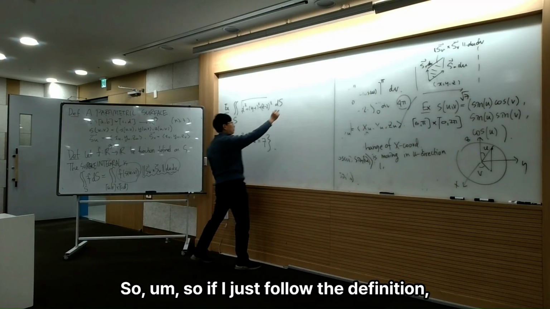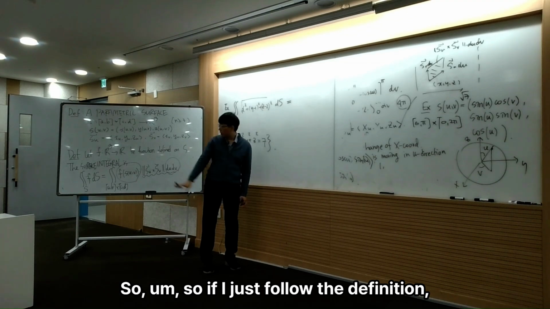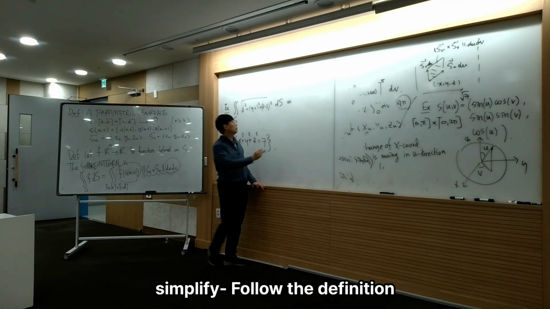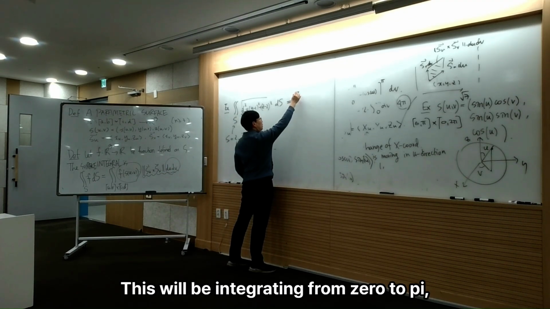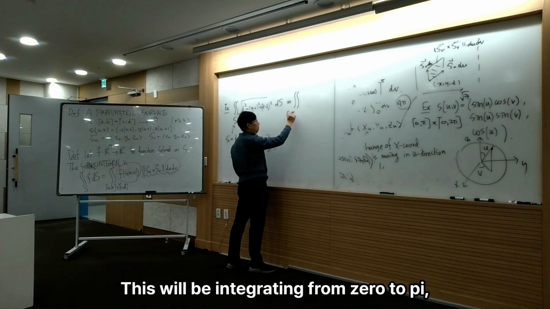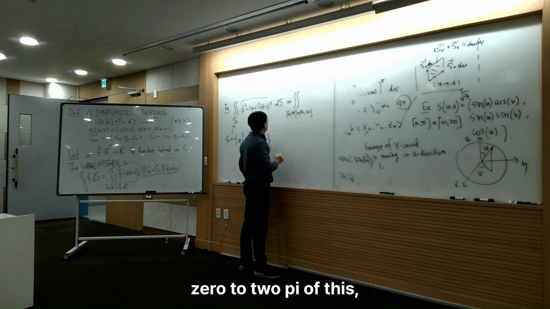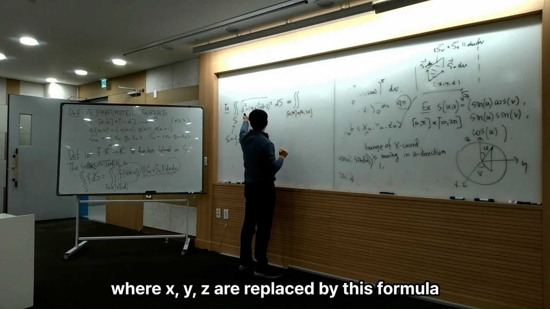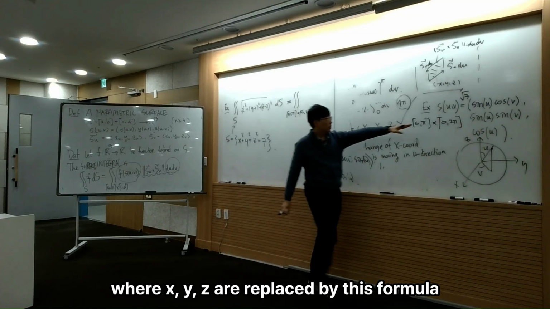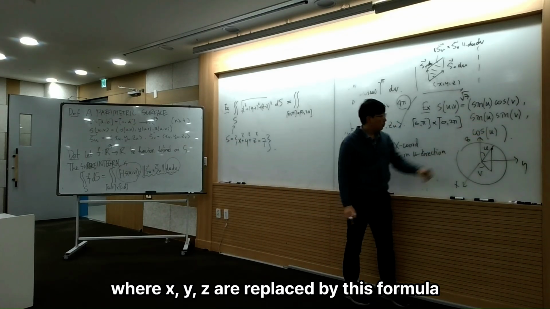If I simply follow the definition, this will be integrating from 0 to pi, 0 to 2 pi of this, where x, y, z are replaced by this formula.